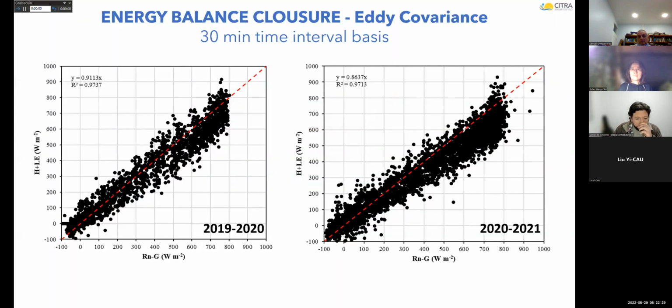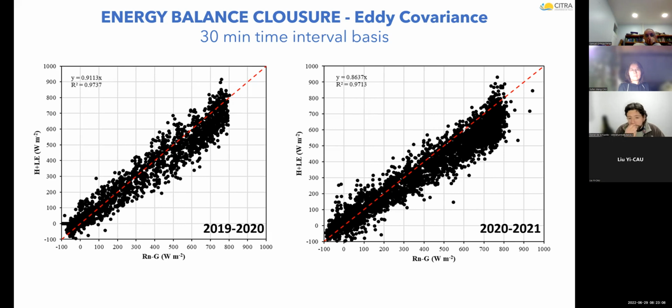So these are the first results. Here you can see the energy balance closure from the eddy covariance for 2 growing seasons at a 30-minute time interval, the incoming energy and the outgoing energy, with an R squared of 0.97, and for the other season also 0.97, and a slope of 0.86 and 0.91.